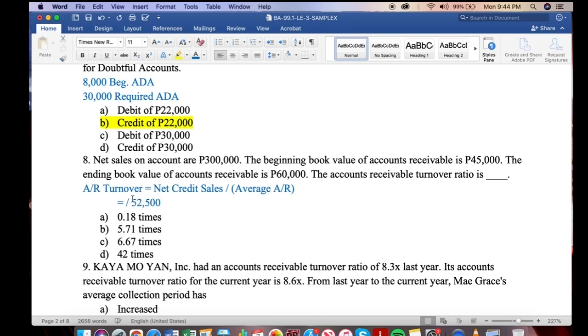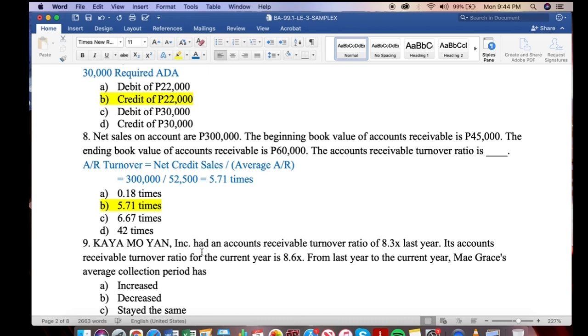Ano yung net credit sales? 300,000. 300,000 divided by 52,500, 5.71 times, meaning answer is letter B. Meaning, sa isang taon, 5.71 times niya nakokolekta yung AR niya.